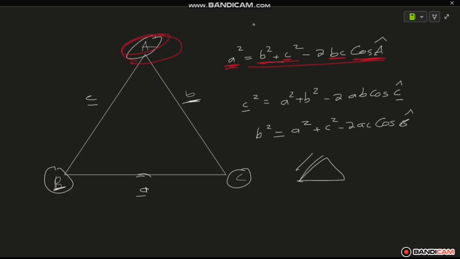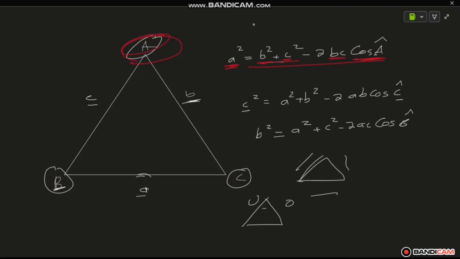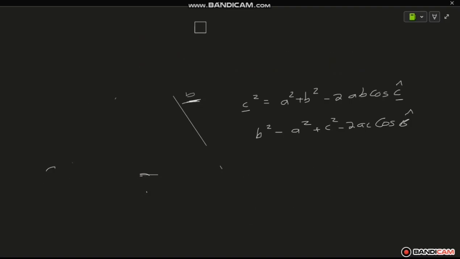Let me just do an example. Let's say we have these sides and an included angle. We're going to determine the side opposite that included angle. Then we determine which sides are forming the included angle.